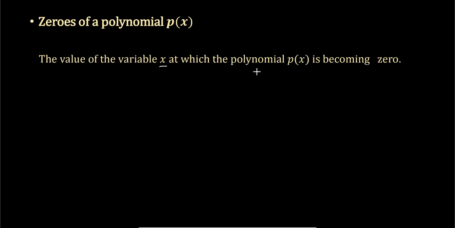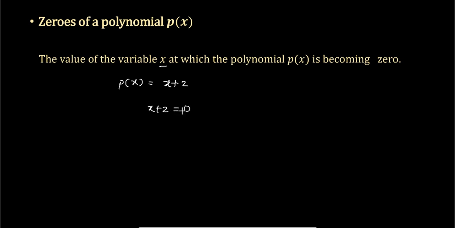Let us take an example. We have been given a polynomial p(x) defined as x plus 2. We are interested in finding out those values of x where this polynomial x plus 2 is becoming 0. So it is just like solving the equation x plus 2 equal to 0.